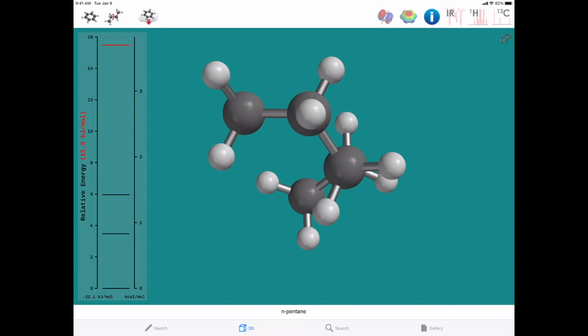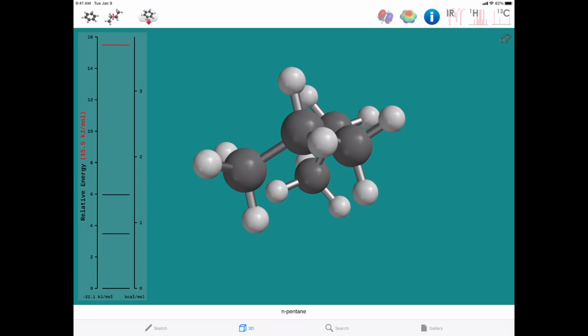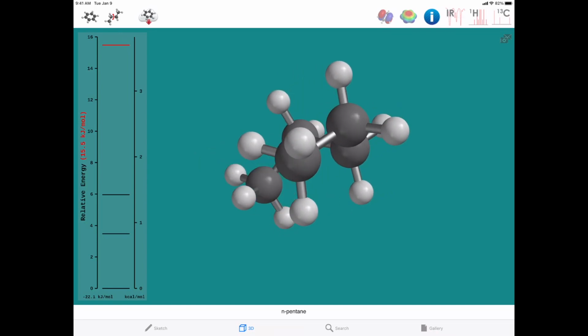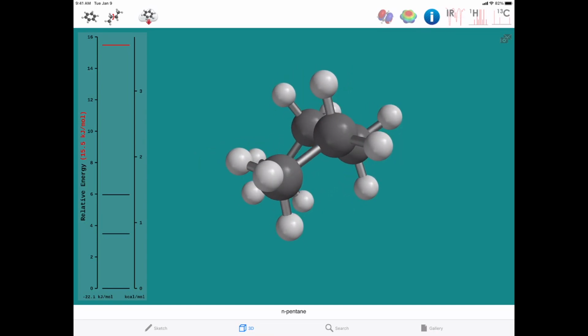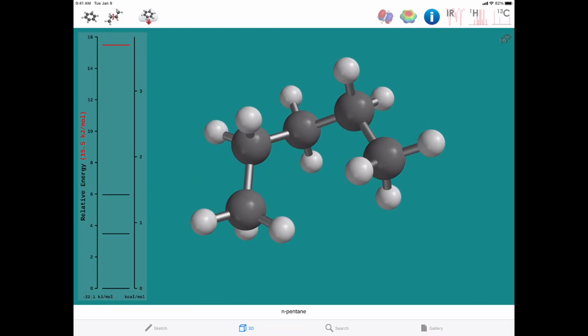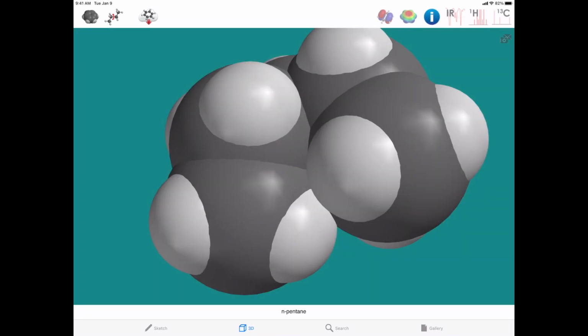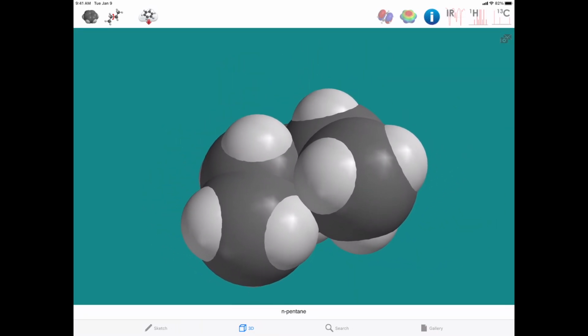And the reason for that is that when you have opposite-handedness gauche, you end up having the two methyl groups directly sort of smashing into each other. And I think we can look at this in space filling form.